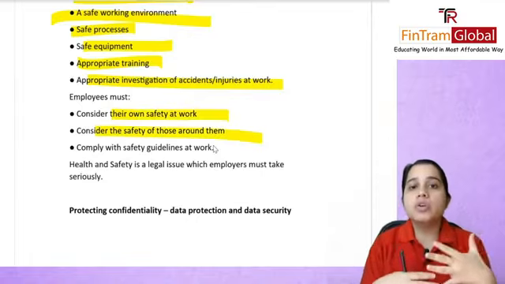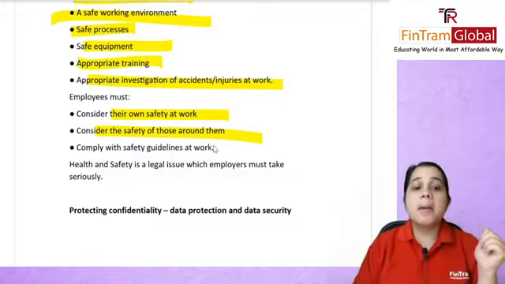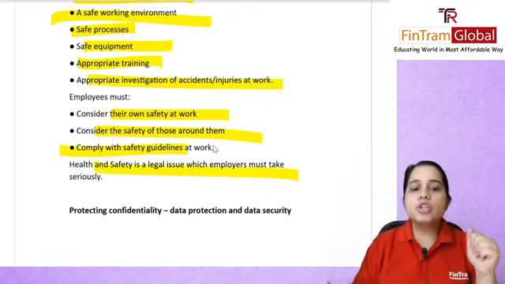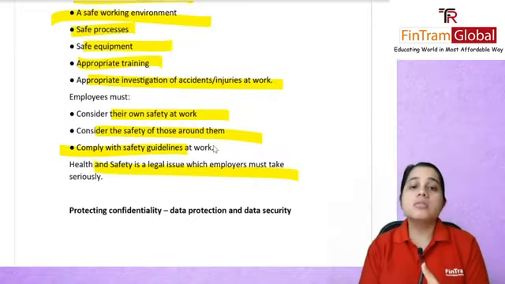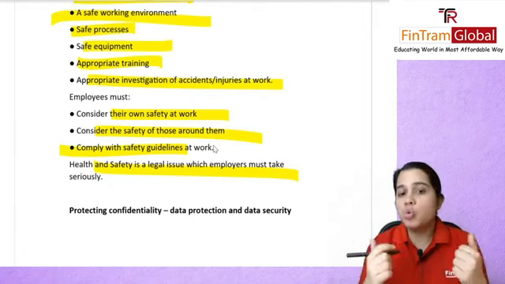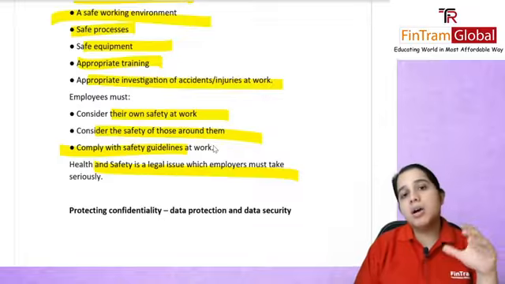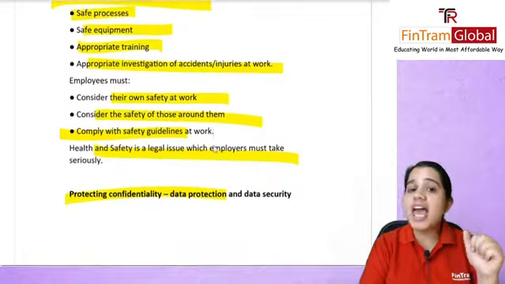Make sure whatever you are doing will not affect some other person in a harmful way. Comply with all the guidelines, and of course listen to the training carefully. This is a legal issue which employers must take very seriously. Employers will not take this lightly, because employees can go ahead and in the future sue also. Next is data protection and data security, basically protecting your confidentiality.